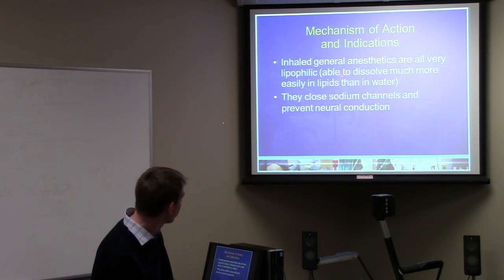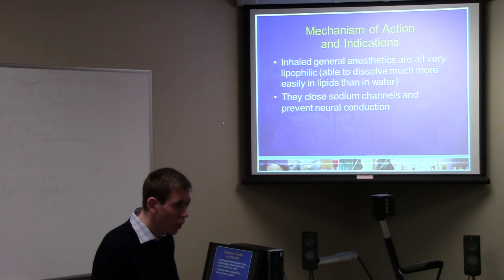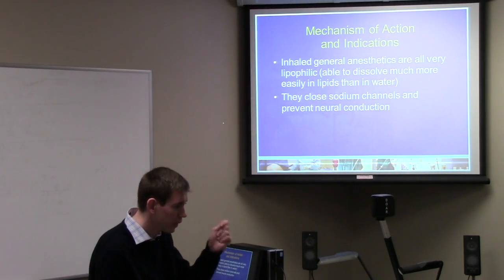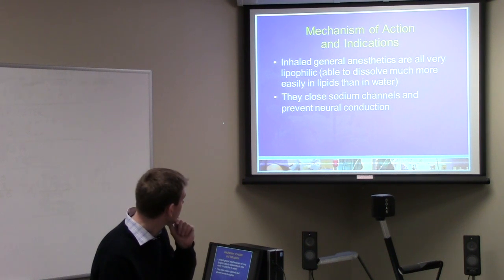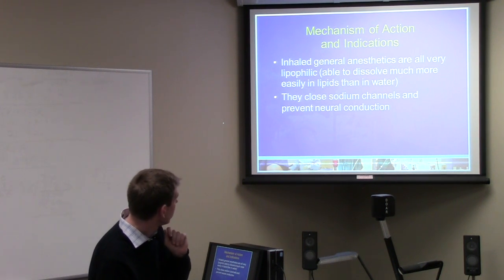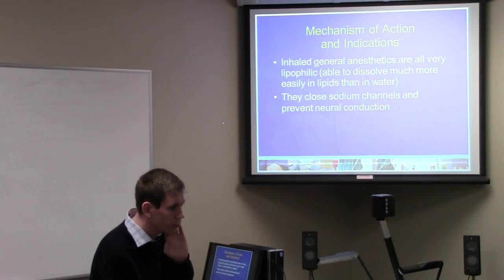Here, we'll mention this about the general anesthetics: they dissolve much more easily in lipids than in water. So if you want to make a note about it being fat soluble, and they block or close the sodium channels, preventing the neurons from conducting.